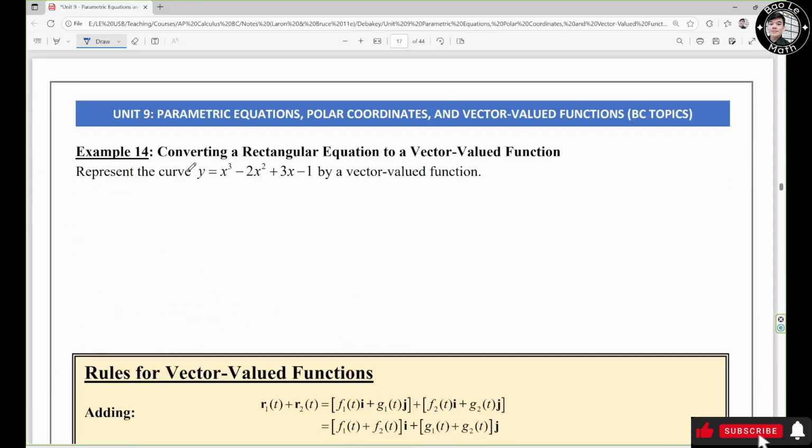Now let's move on to example number 14, converting a rectangular equation to a vector valued function. So we have the curve y equals s cubed minus 2s squared plus 3s minus 1. Now we just let s equals t, so we substitute t for s into this equation. So we have y equals t cubed minus 2t squared plus 3t minus 1.